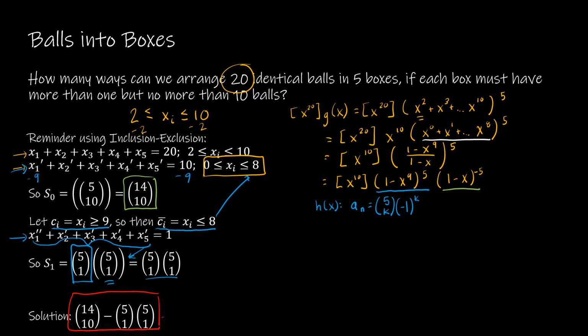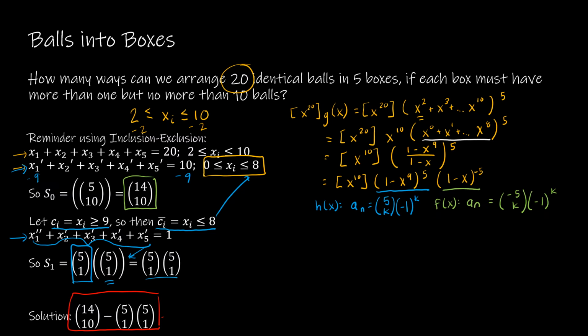And then my other function, we'll just call it f of x. And a sub n is going to be found by, because it's a negative 5, so it's negative 5 choose k, and then that's going to give me a negative 1 to the k as well.